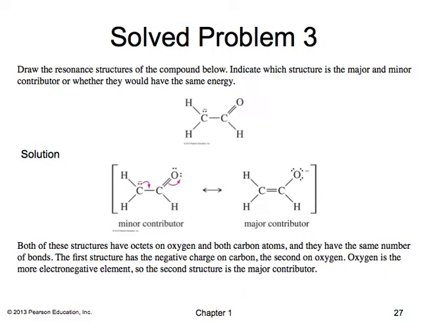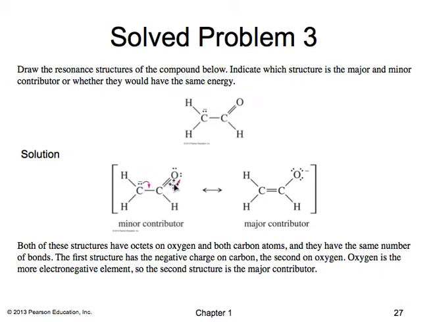Here's another problem for you. Draw the resonance structures of the compound below. Indicate which structure is the major and minor contributor, or whether they would have the same energy. So shown here is the molecule. Now you can say the electrons from the carbanion move and form a bond.